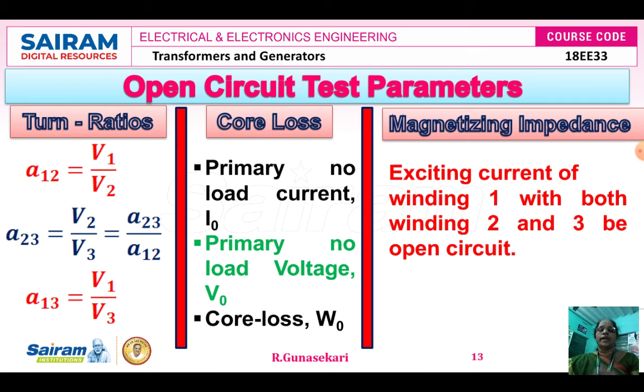Now how to calculate the turns ratio, core loss and magnetizing impedance from the open circuit test. The turns ratio a12, between winding 1 and 2, is equal to V1 divided by V2. Similarly, the turns ratio between winding 2 and 3, a23, is equal to V2 divided by V3.